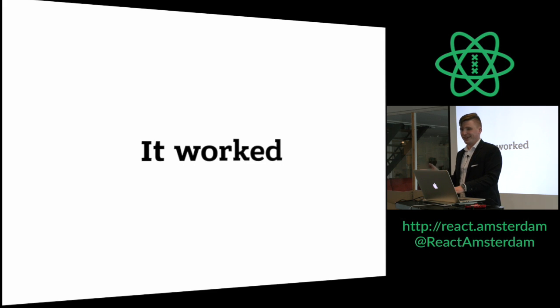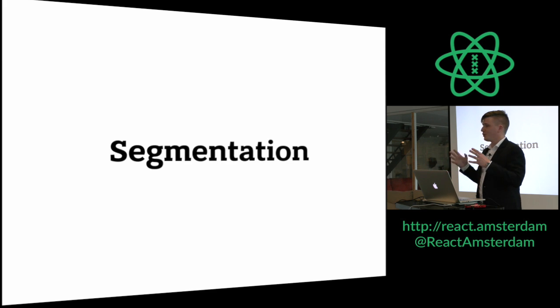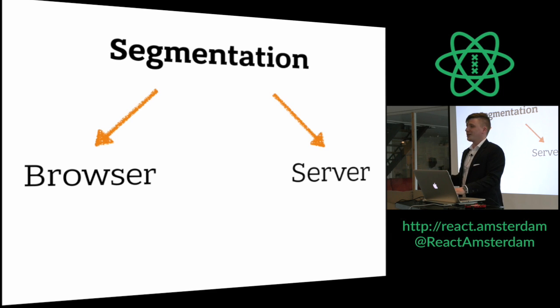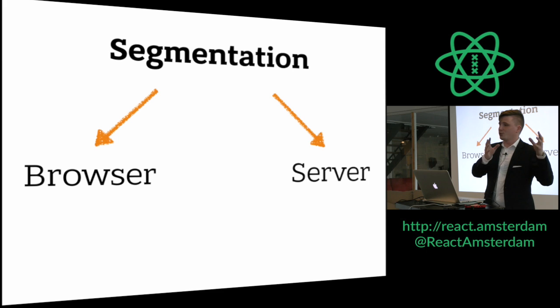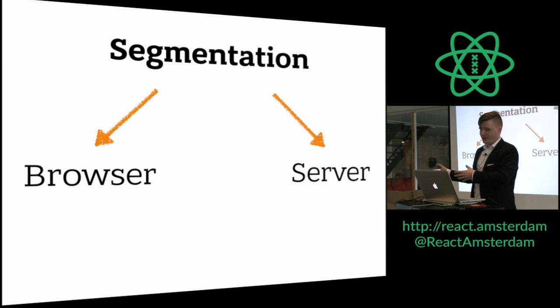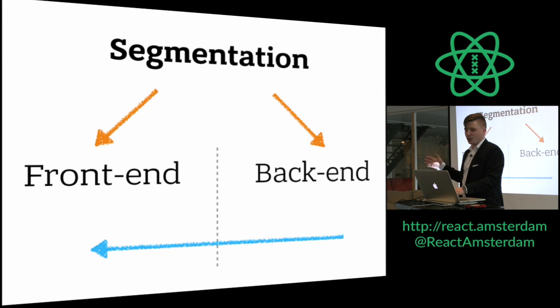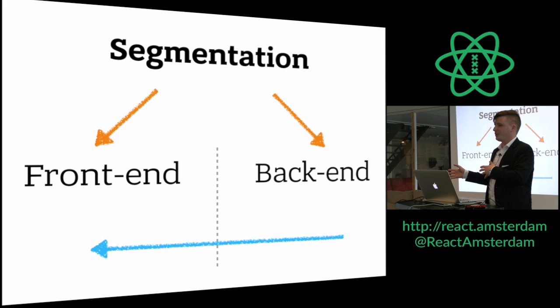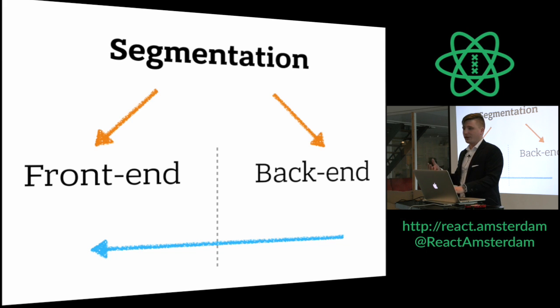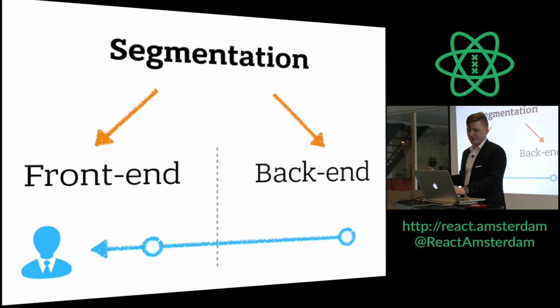It really worked. But later we got segmentation in web development. Some developers were focused on browser things, and some developers were focused on server things. And we call this front-end and back-end, like, for example, front office and back office in business, yeah?